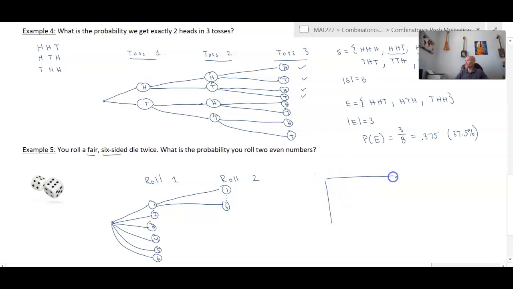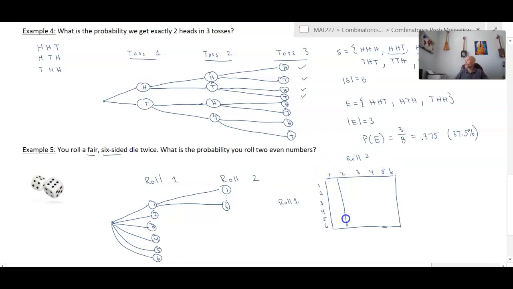We could actually draw a little table, and we could say that roll 1 will be represented along the rows 1 through 6. And roll 2's outcome will be represented along the columns.